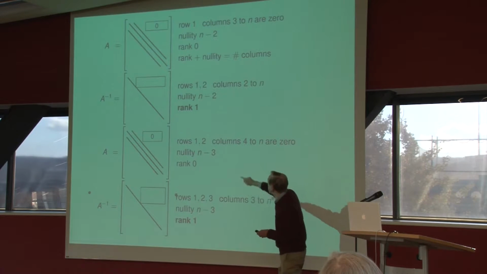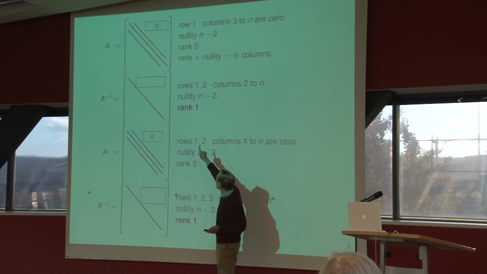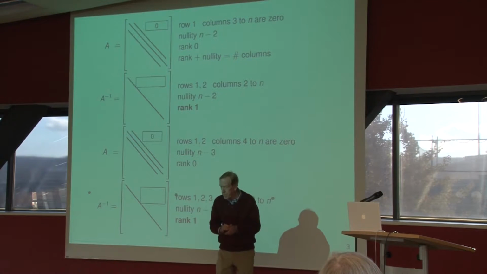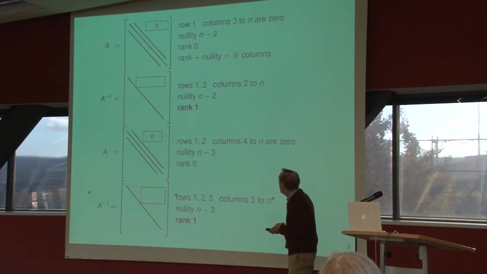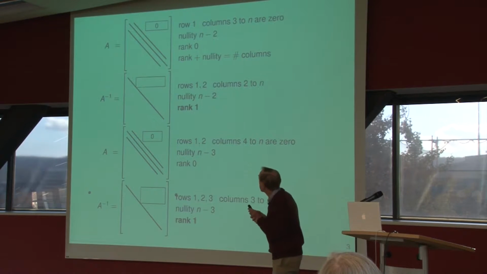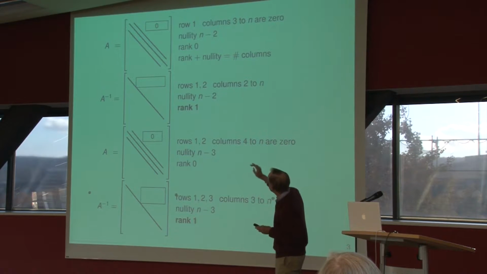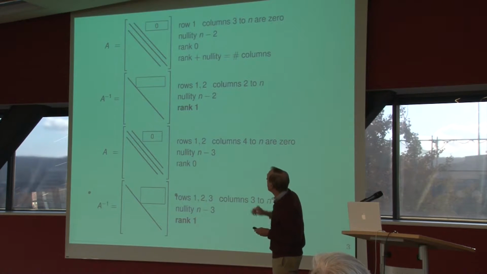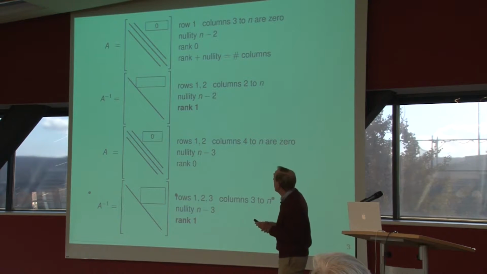I want to find, this is what I want to conclude, that it has rank 1. So what's the thinking there? So look at the top matrix, that 0 matrix, so it's in row 1.